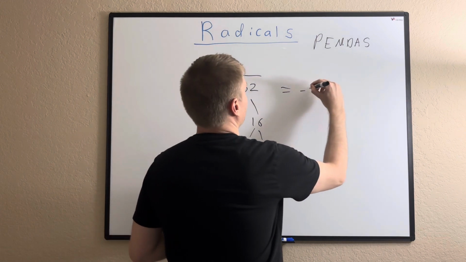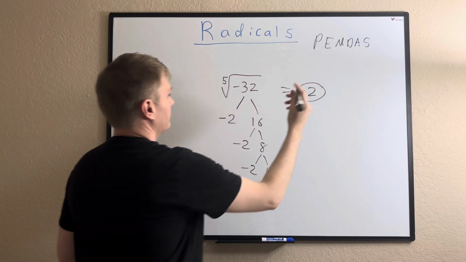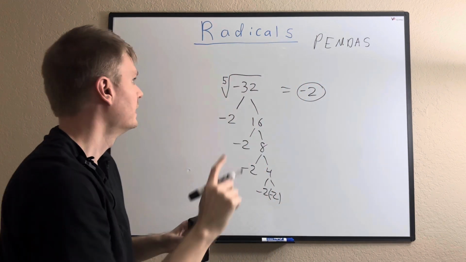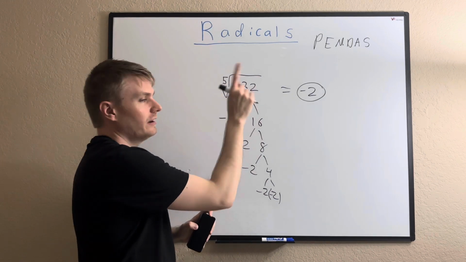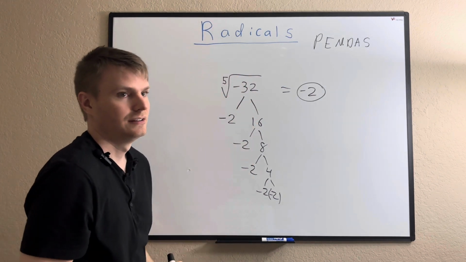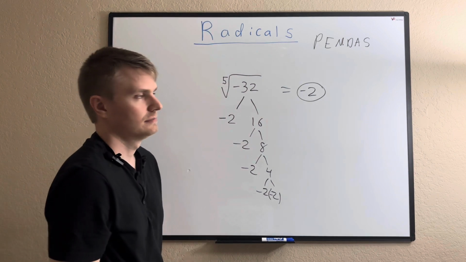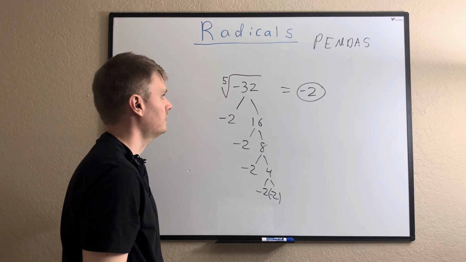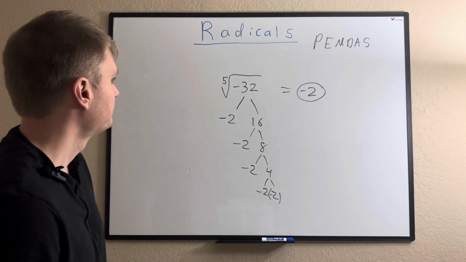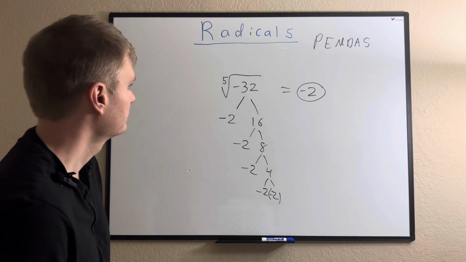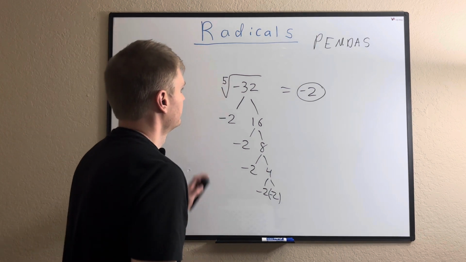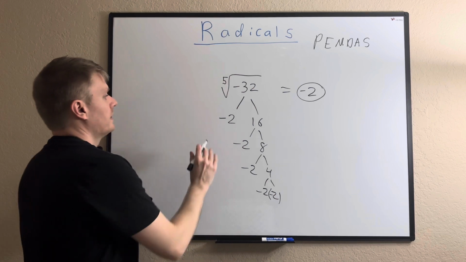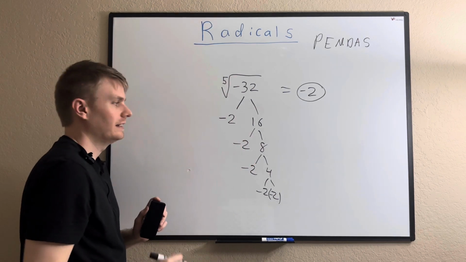So yeah, the answer here is negative 2. And there is only one answer. If it's an even number, then you have the positive negative thing. But yeah. Just because of that rule about negatives being multiplied by negatives being positive.